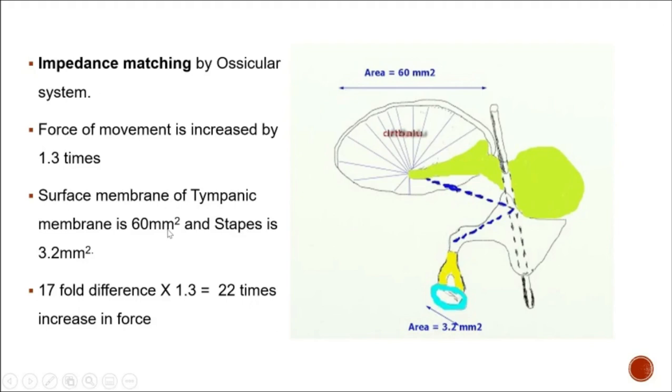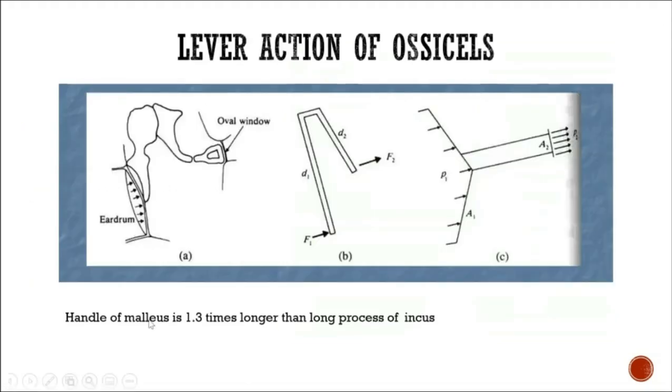The surface area of the tympanic membrane is 60 square millimeters, whereas that of the stapes is 3.2 square millimeters, so there is a reduction in the area at the stapes. F2 is increased, A2 is decreased. So what is happening to P2? P2 is increased compared to P1. So we find that there is an increase in the pressure by 17-fold when we look at the tympanic area.